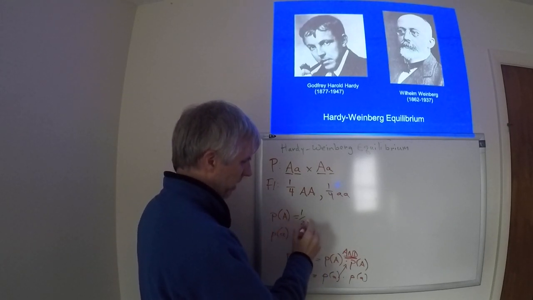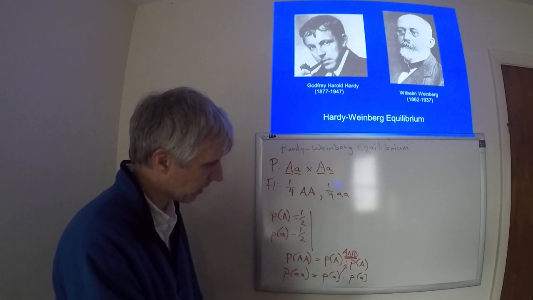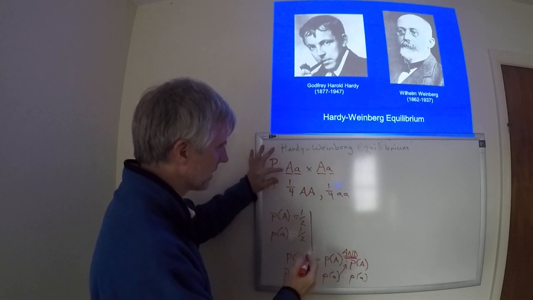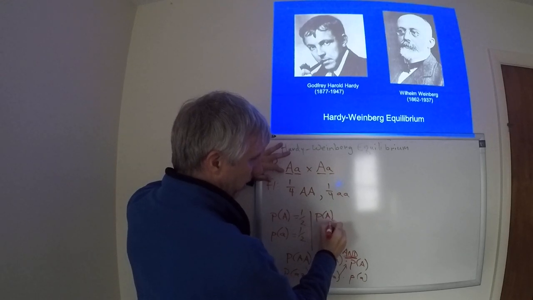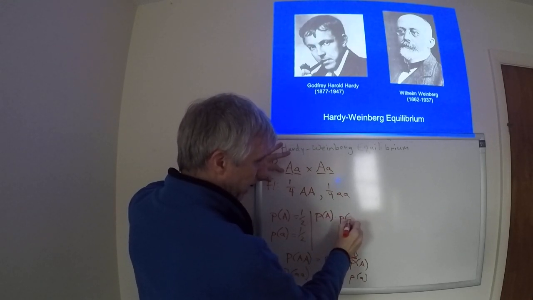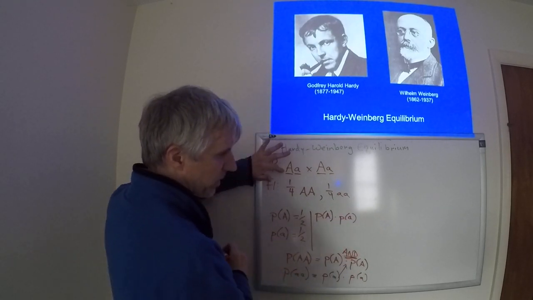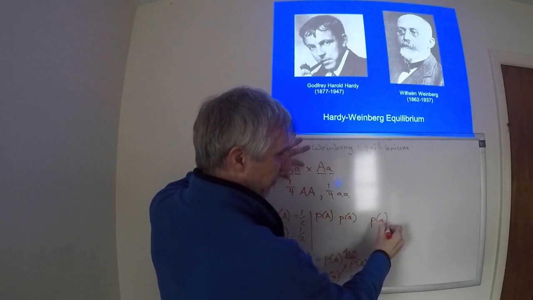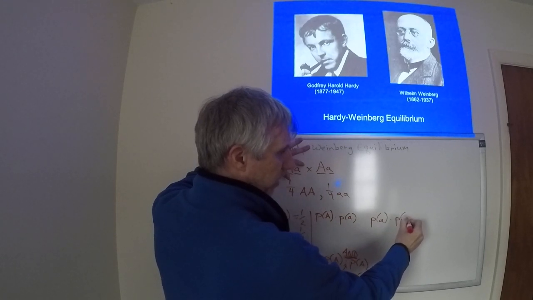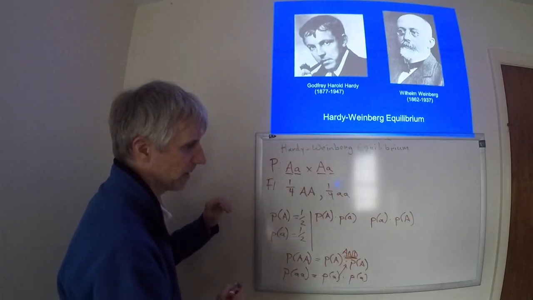Now, the probability for the heterozygote is a little bit different. It's either I pick a big A allele from the first parent and a little a allele from the second parent, or I pick a little a allele from the first parent and a big A allele from the second parent.